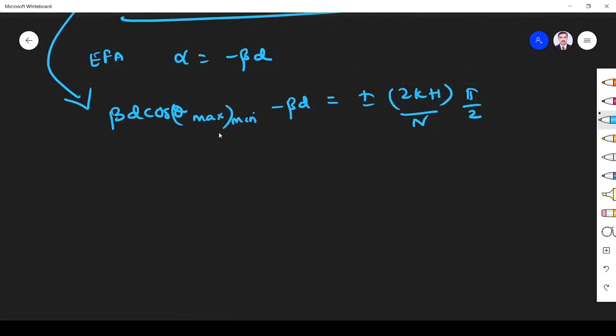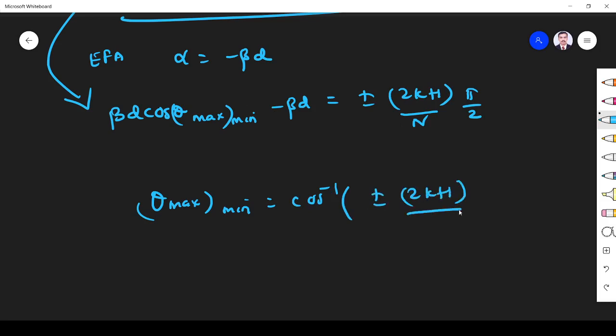If you simplify, theta max for the minor or side lobe is equal to, bringing everything to that side, cos inverse of plus or minus 2k plus 1 divided by beta d n, times pi, plus 1.